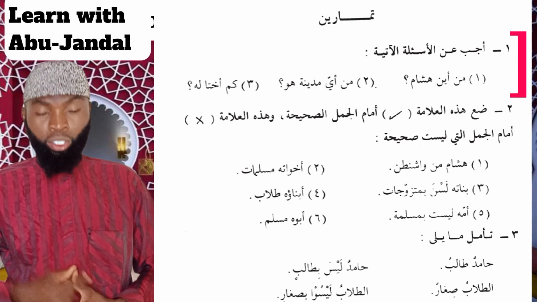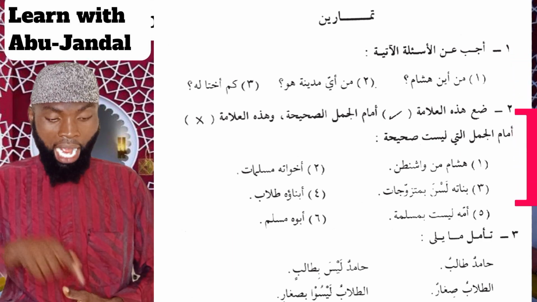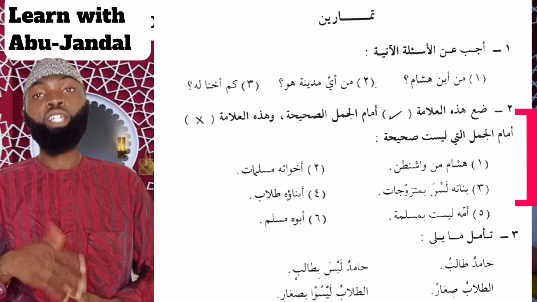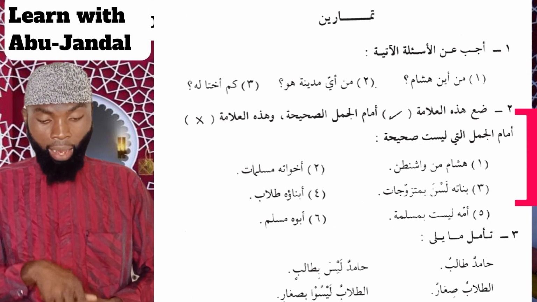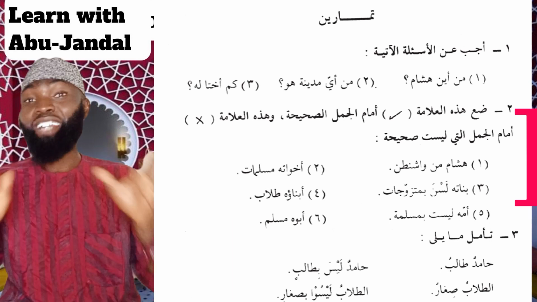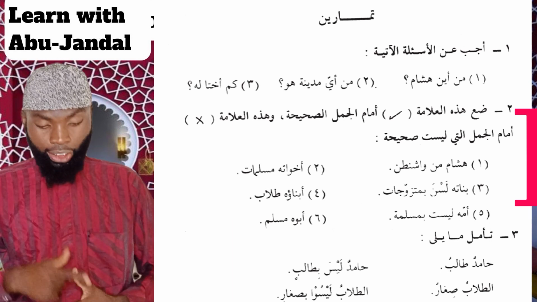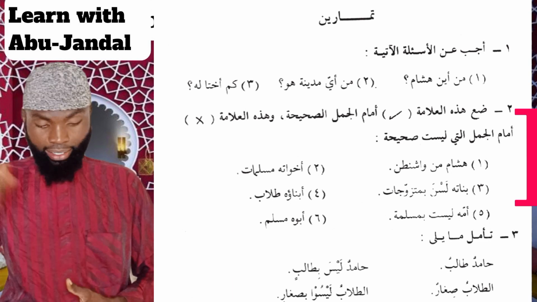Now, exercise number 2. Dar hadhihi al-alama, place the sign of correct in front of the correct statement, and this sign of wrong in front of the sentence which is not correct. Number 1, Hisham min Washington, Hisham is from Washington. Yes, of course, correct.